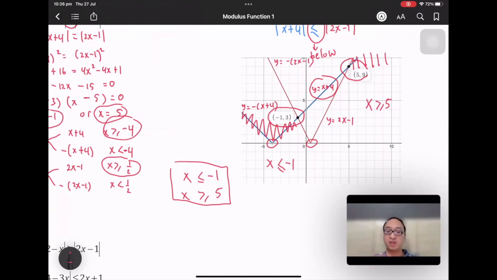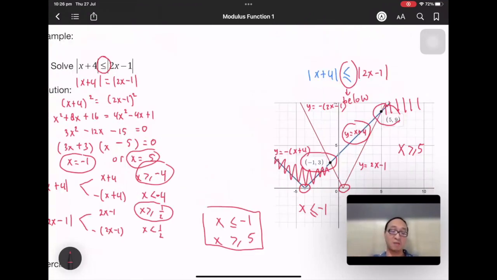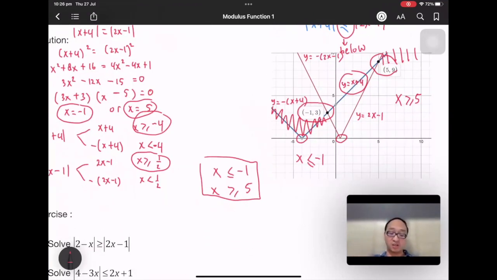So we can use the graph to see the position, and then it can help us to determine the region of solutions.